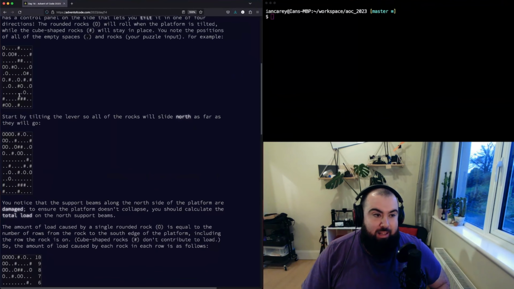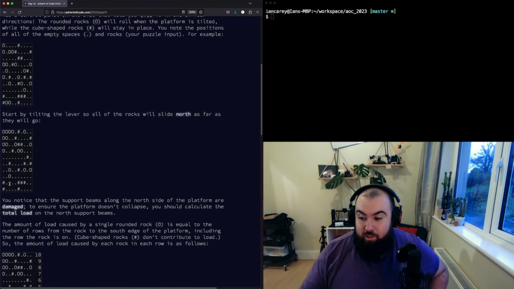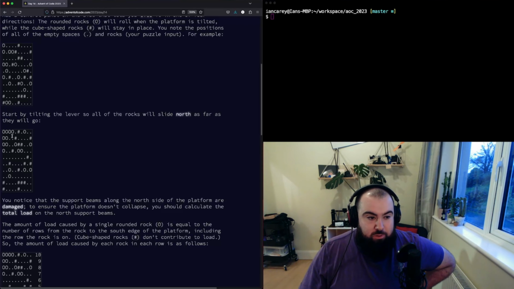So if you look at this line here, this one moved all the way to the end, but because there was this rock here, these two didn't, but they moved all the way up. So all these spaces effectively don't matter anymore. They sort of disappear, and the same with these ones.